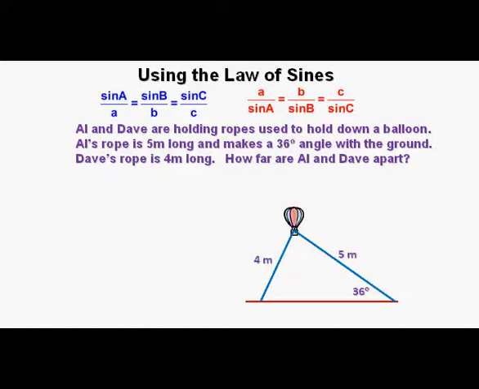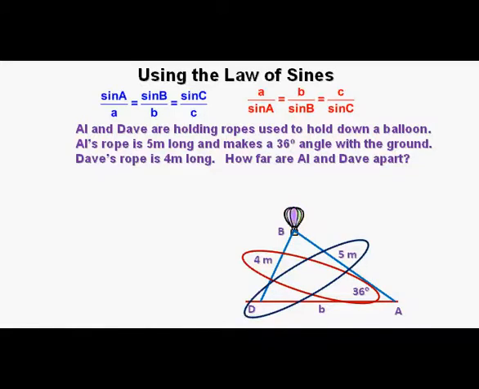Now for the purposes of keeping track of things, we're going to name the corners of our triangle A for Al, D for Dave, and B for the balloon. And the distance between Al and Dave along the ground we'll call side length little b, because that side is opposite angle B. In order to solve this problem, we'll use this ratio of the sine of 36 degrees to the side of 4 meters and set it equal to this ratio, the sine of angle D over its opposite side, which is 5 meters.